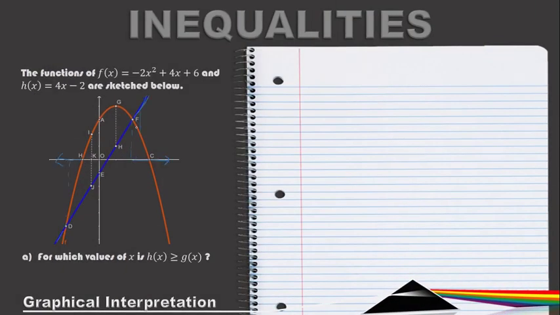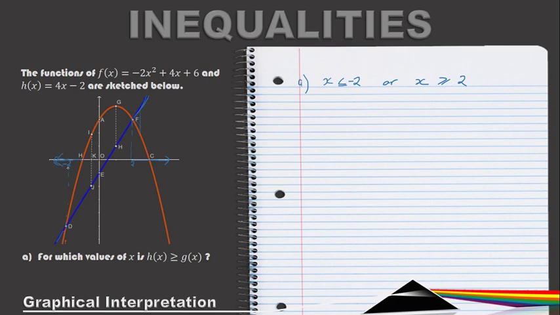So now, since we know that this is at 2 and this is at negative 2, we know that the values where h(x) lies above g(x) are where x is less than or equal to negative 2, or where x is greater than or equal to 2.